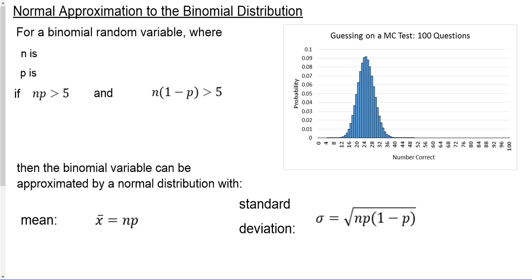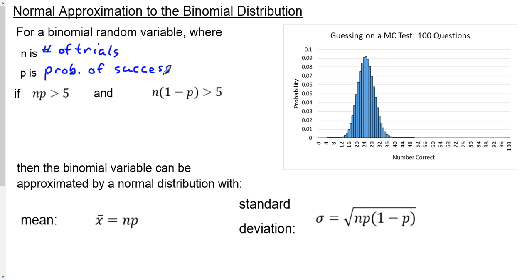Okay, so here we go for a normal approximation to the binomial distribution. So let's say we have a binomial random variable where n is, well, the usual definition of n is the number of trials. p is, of course, the probability of success, whatever you decide a success is in the context of your binomial experiment.